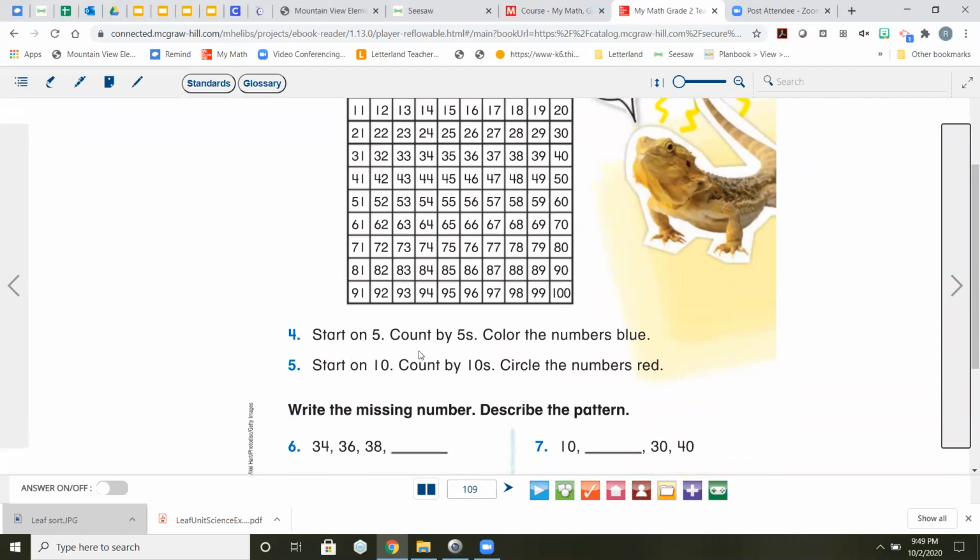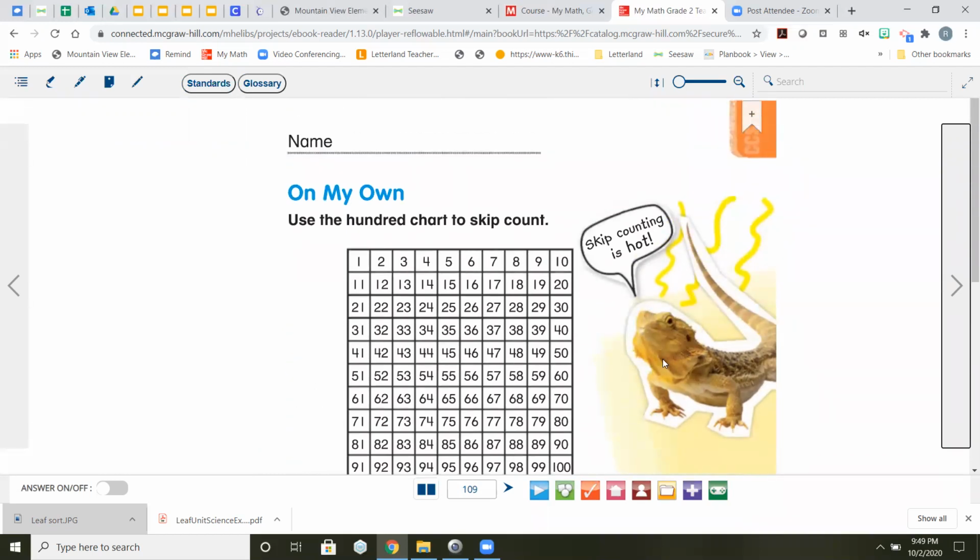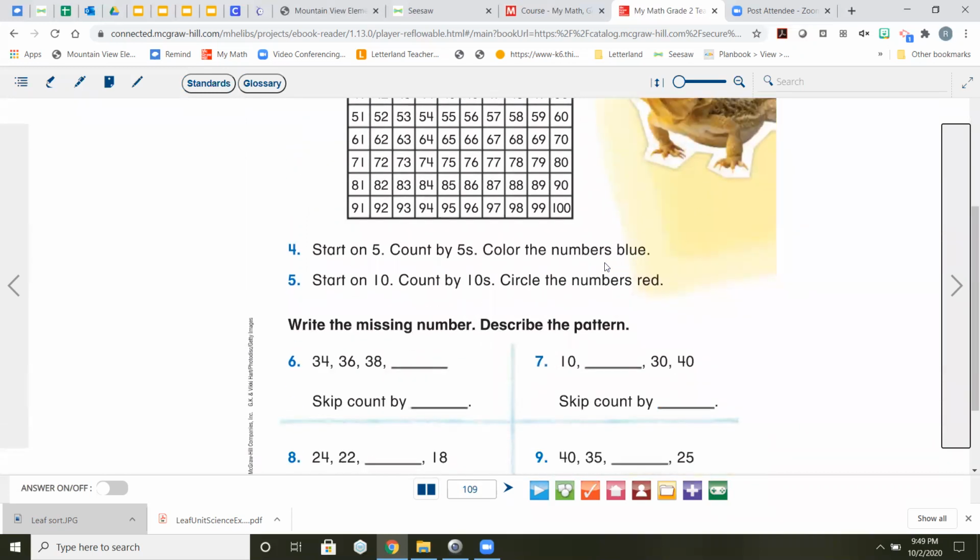It tells you where to start, what to count by, and what color to use. Number 5 tells you the same thing, and color them red. And you've got this lizard here saying skip counting is hot. All right. After you have done this, it will help you extremely in doing this part.